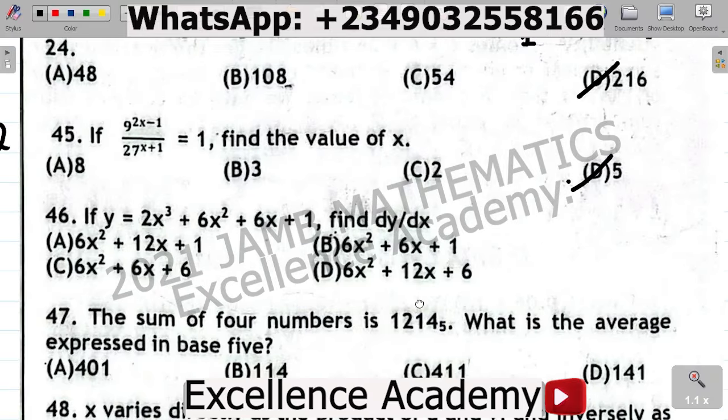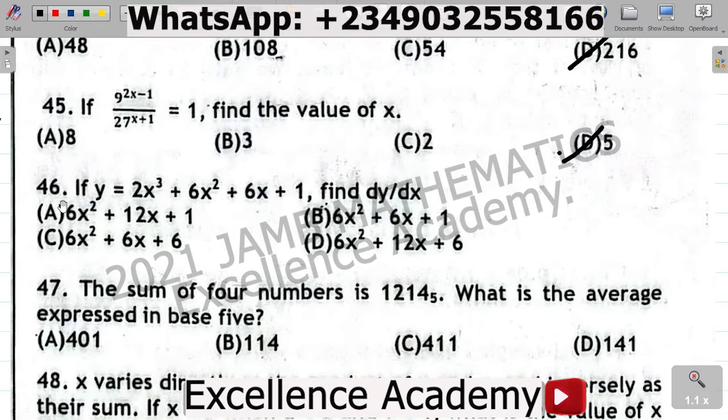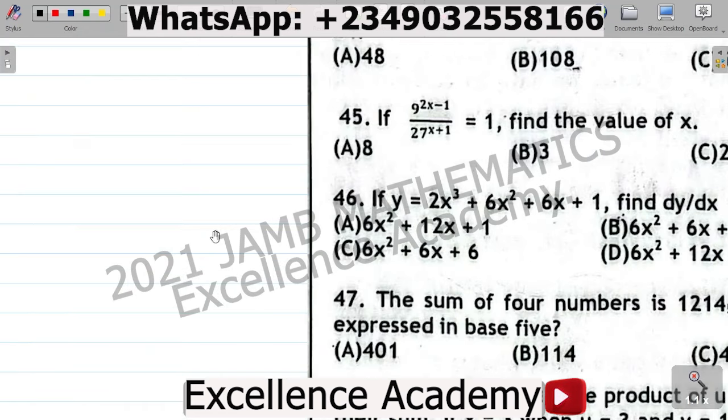All right, let's look at question number 46, the next question. 46 says, if y is equal to 2x cubed plus 6x squared plus 6x plus 1, find dy dx. So how do you find dy dx here? You have options A, B, C, and D. Let's find dy dx.